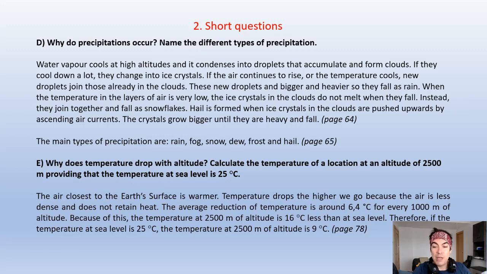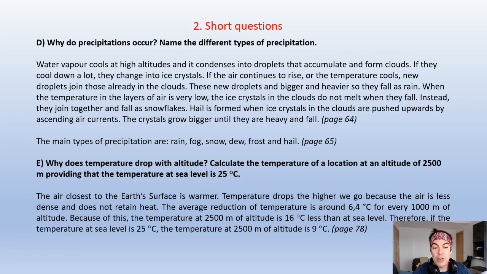Why? Because we have to divide the height, 2,500, by 1,000, and the value is 2.5. This means the decrease is going to be 2.5 times the reduction per 1,000 meters.